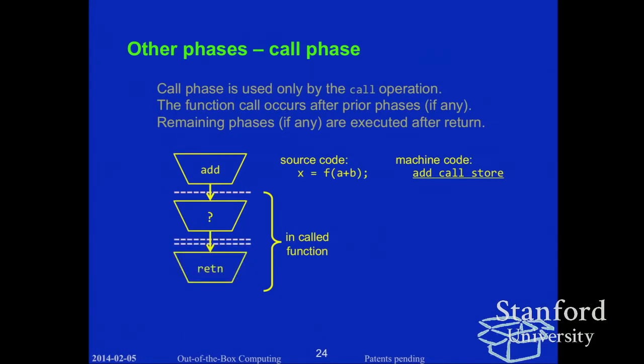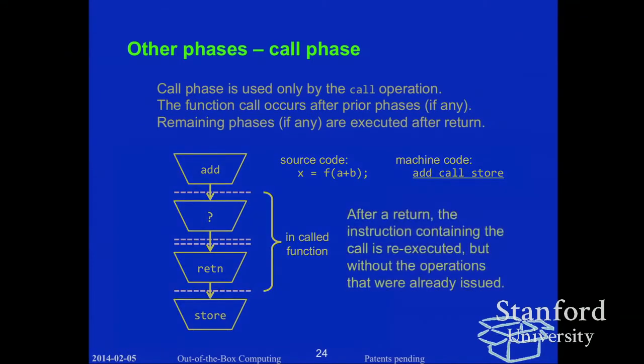The callee will execute some amount. The double pink line there means some unknown number of cycles, whatever that function does. And eventually you'll execute a return. It will then exit, crossing a cycle boundary, and we're back in the original one, directly able to store the result of the function call. It's re-executed, but without the operations that have already been done.